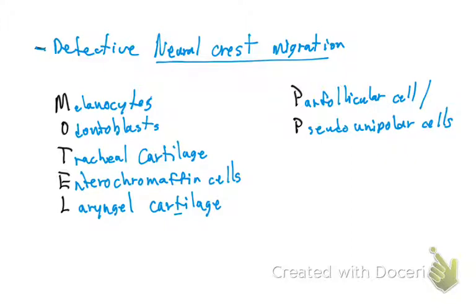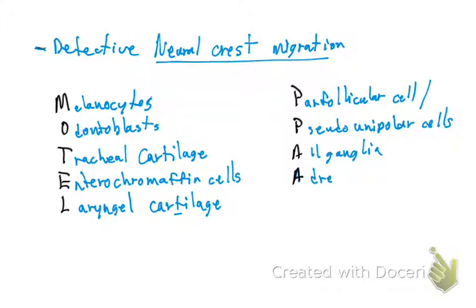After those two P's, the next is A, for all ganglia, and then one more A, which is adrenal medulla.